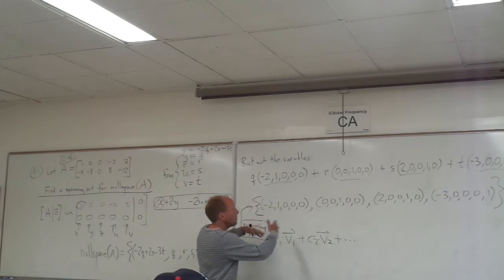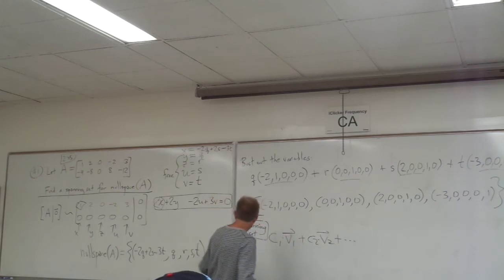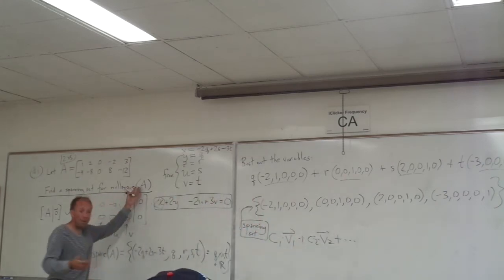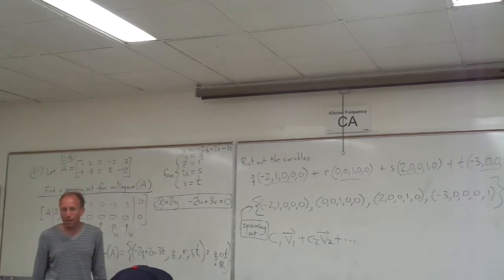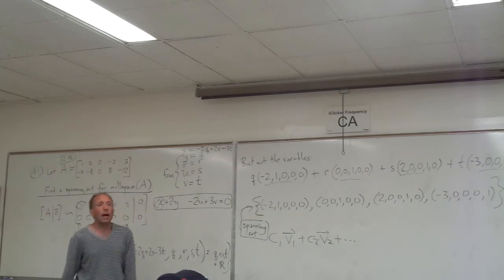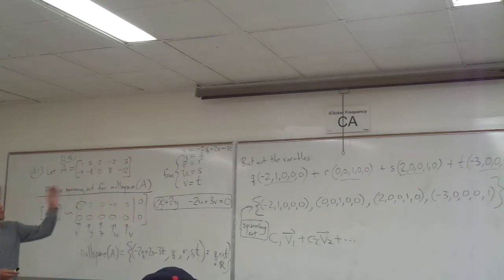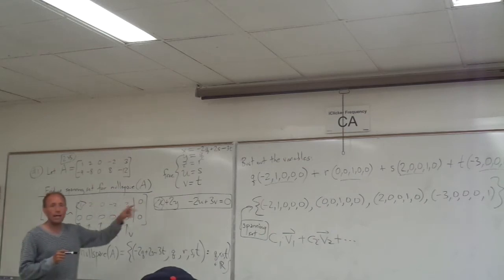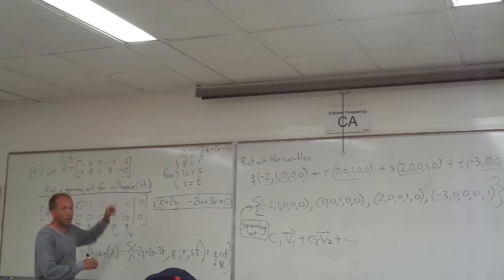They form a subspace of R5, and we know that the null space of a 2 by 5 matrix is a subspace of R5, but we don't want to say that it spans all of R5. Yeah, it's a good point. I'm going to take it a step further, it's a spanning set. Would these guys be a basis for the null space of A?